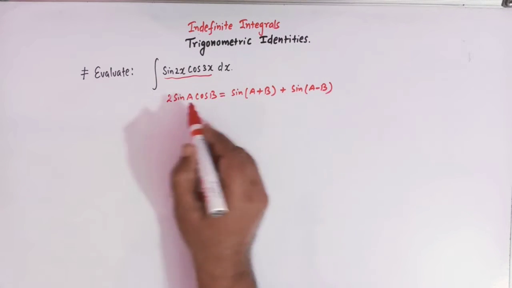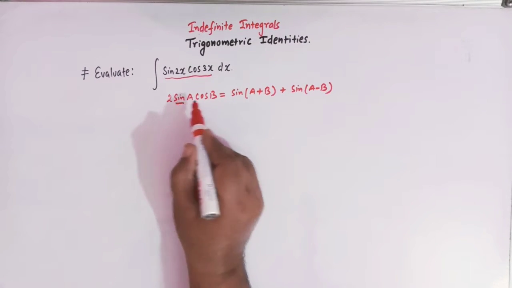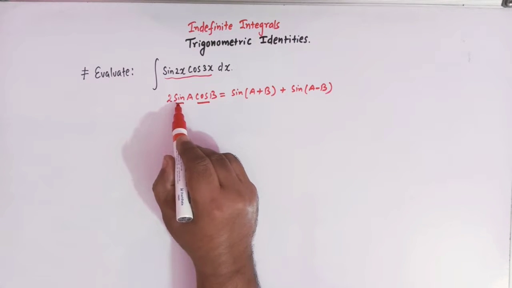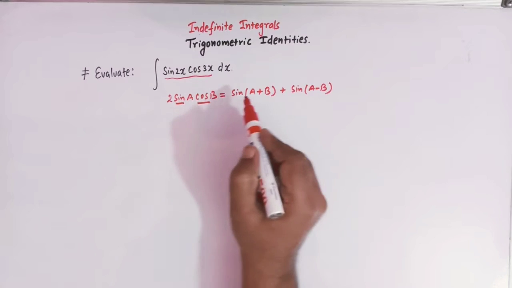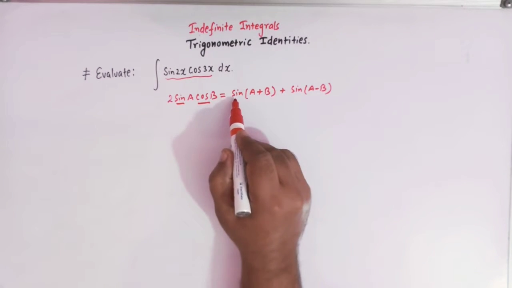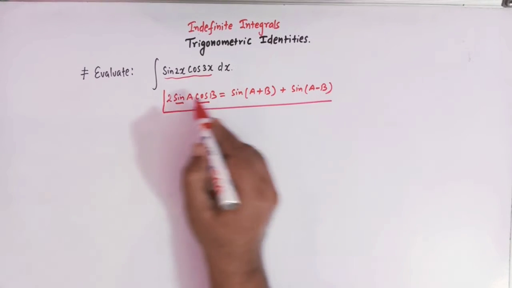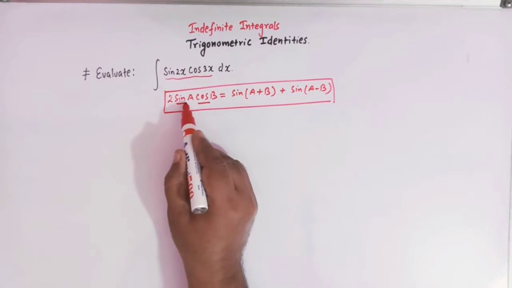The product of sine and cosine is converted into the sum of two sine functions.